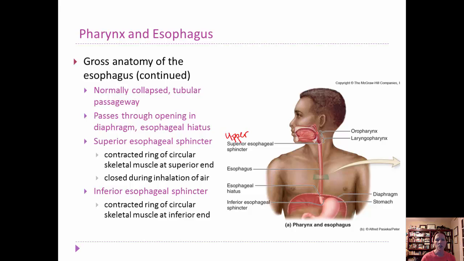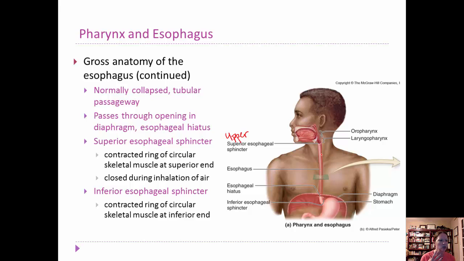So what this is, it's going to be a sphincter that is the connection between the pharynx and the esophagus. It's going to be skeletal muscle here. Typically what happens is that we'll go through this whole process of swallowing, and when we swallow, we are going to have this kind of ring of skeletal muscle here.